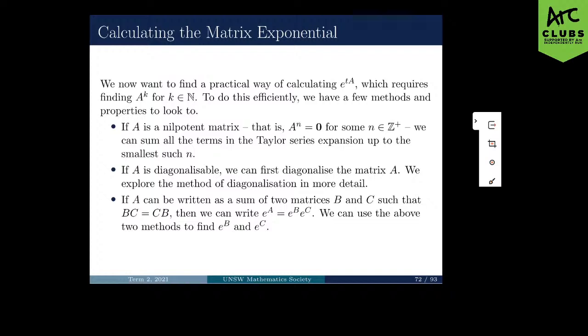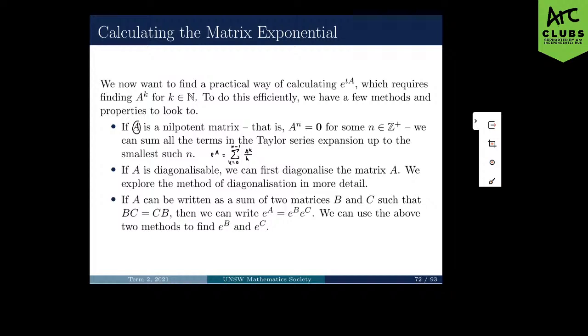So for some matrix, A to the power of n is equal to the 0 matrix, then e to the power of A is equal to the sum from k equals 0 to n minus 1 of A^k over k factorial.